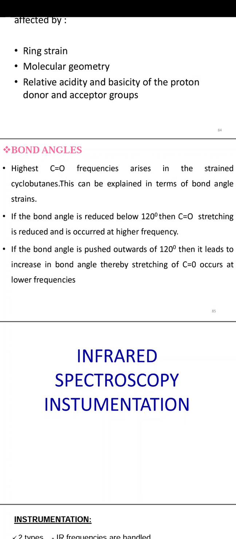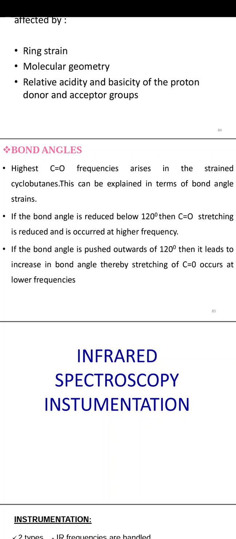If the bond angle is reduced below 120 in carbonyl stretching, it occurs at a higher frequency. But if the bond angle is pushed towards 120, it leads to an increase in bond angle, and thereby the C=O stretching occurs at a lower frequency. So bond angles also lead to higher or lower frequency.